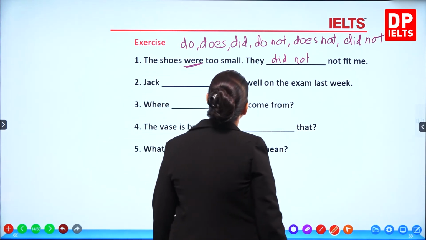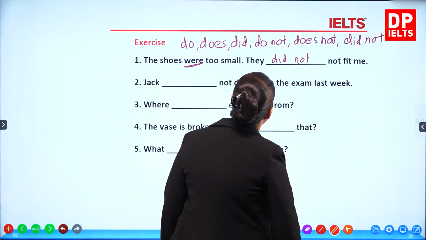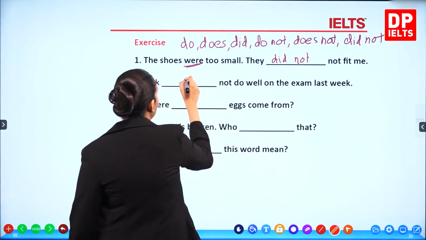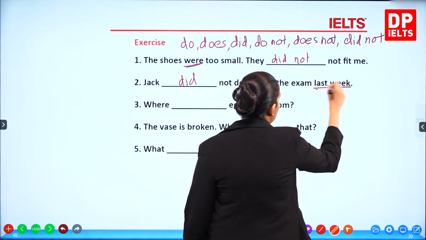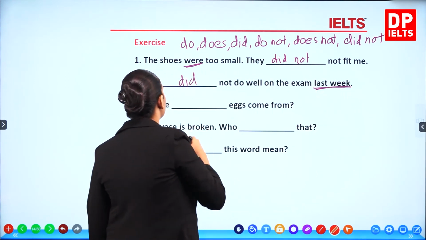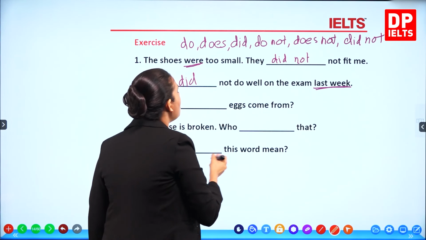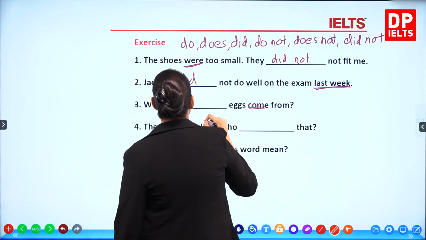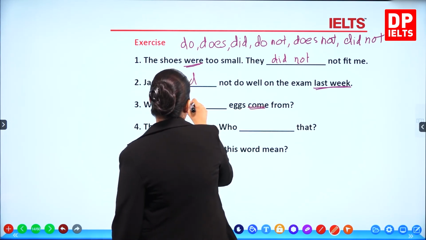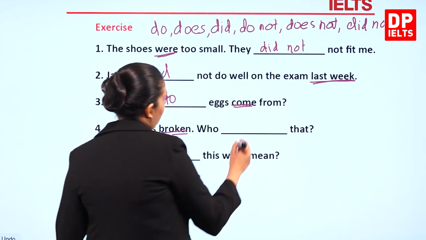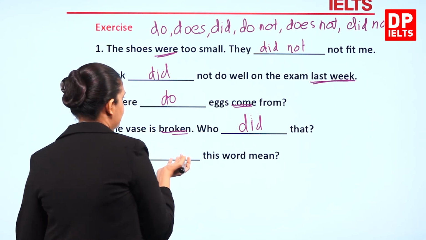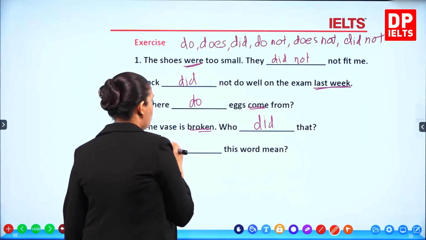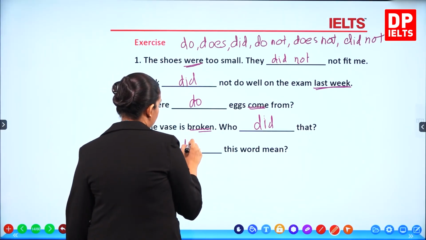Jack did not do well on the exam last week. Last week, so it's talking about the past. Where do eggs come from? The vase is broken. Who did that? Because it is broken, it is in the past. What does this word mean?